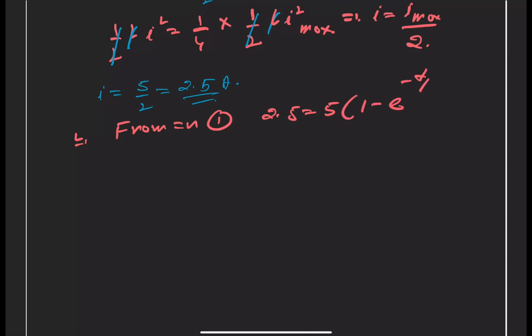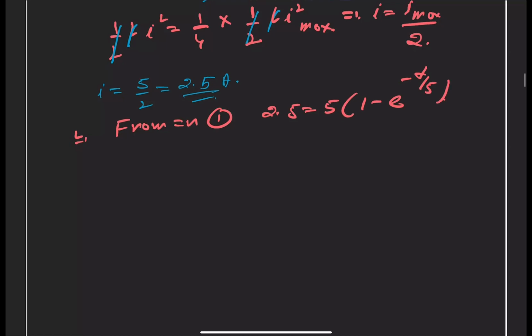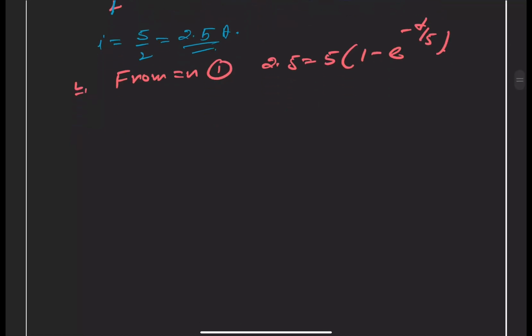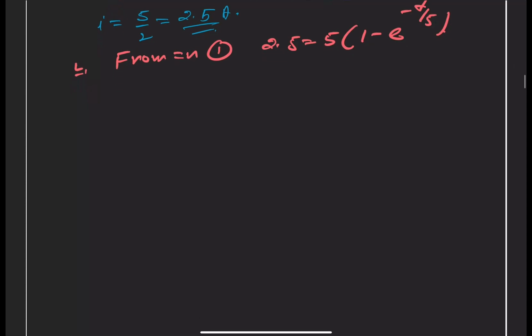Tau is 5. Now it is a simple calculation. So we can write 1 minus e to the power minus t upon 5 is equal to 2.5 upon 5.